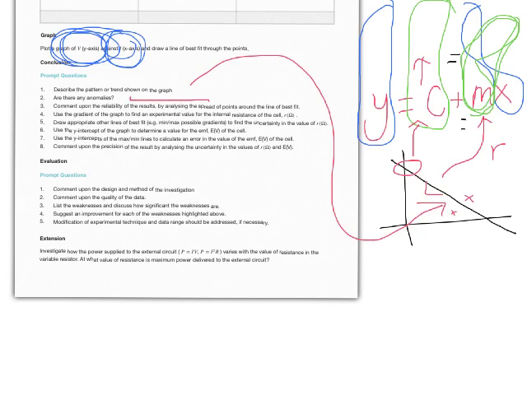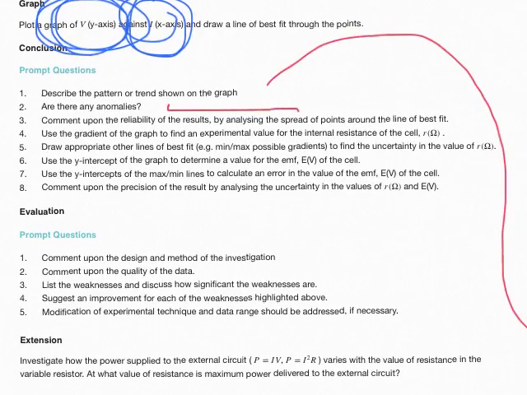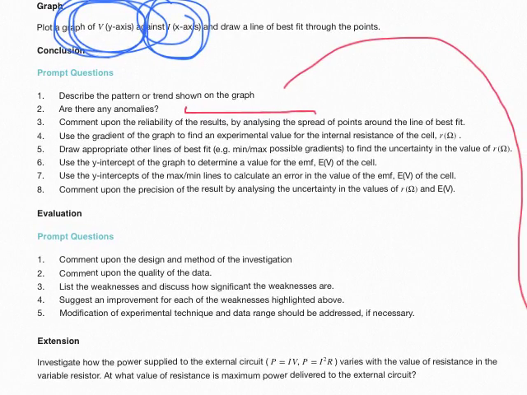Depending on how close to the line of best fit your points were, you could say that they were reliable or not. It says comment on the reliability of the results by analysing the spread of the points around the line of best fit. So if they're all on the line of best fit, then you'd say it's reliable.